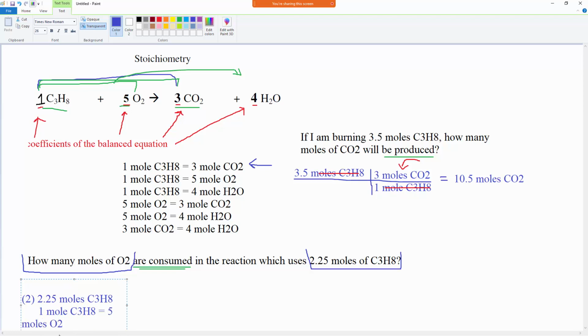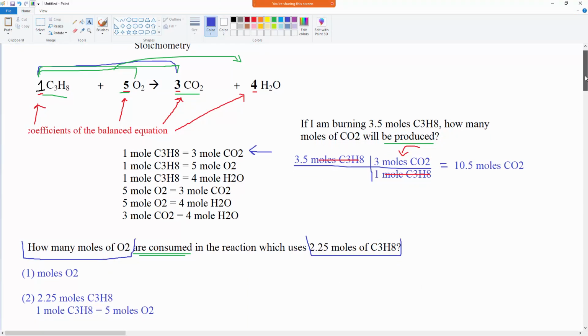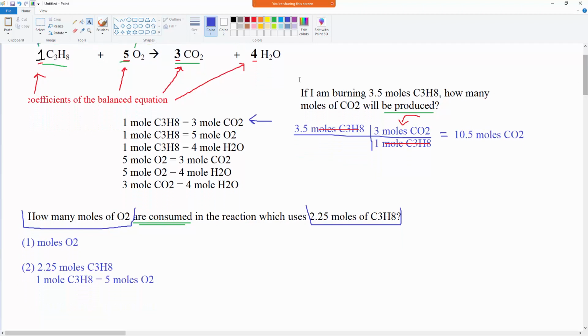How did you know that, Sarah? Yeah, Sarah just looked at the equation. She's like, there's a 1 in front of the C3H8 and there's a 5 in front of the oxygen, so I knew that 1 is going to be equal to 5. Okay, and that's all we need to set this up.